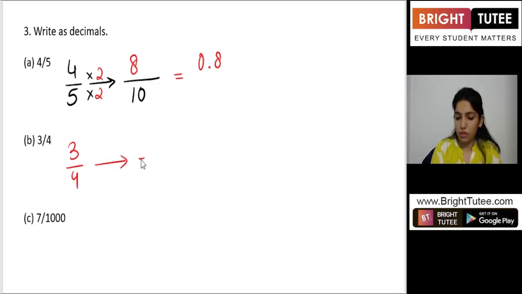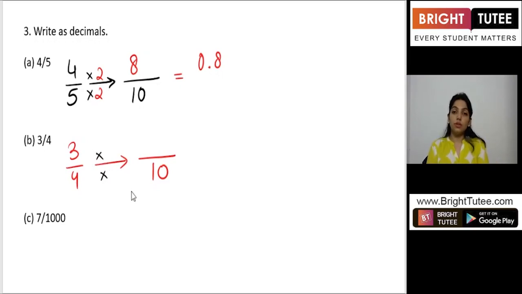The next one is 3 over 4. To convert it into a fraction with 10, let us times them by... Okay, so now here you see, do you think you can convert a 4 into a 10? Is it possible that we have got 10 in the 4 times table? No. Then what do we do? So instead of 10, let us convert this 4 into 100 because 100 is a multiple of 4.